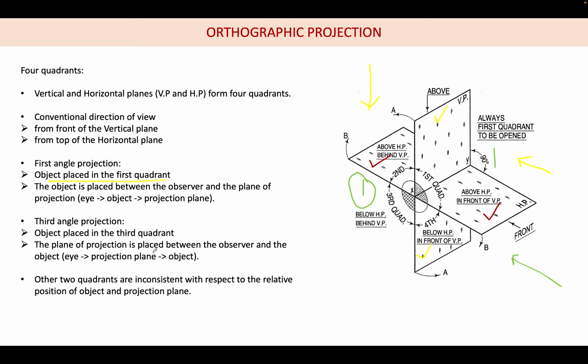So the other two quadrants are inconsistent. Can anybody say why it is inconsistent? We just saw these two cases. In this case, the object is between the observer and the plane of projection, and in this case, the plane of projection is in between the observer and the object. So for the second quadrant and fourth quadrant, can anybody guess why there is an inconsistency?